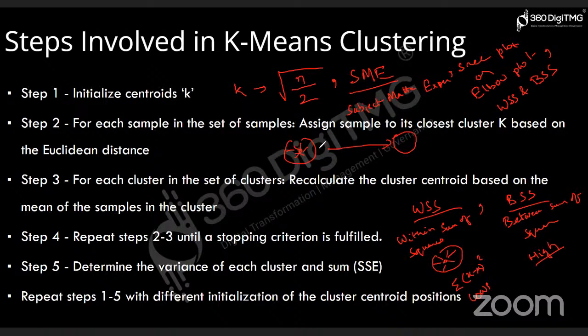If a data point is here, we measure the distance from this centroid to that centroid. If BSS is less on this side, this point will jump to this cluster. So we measure that.